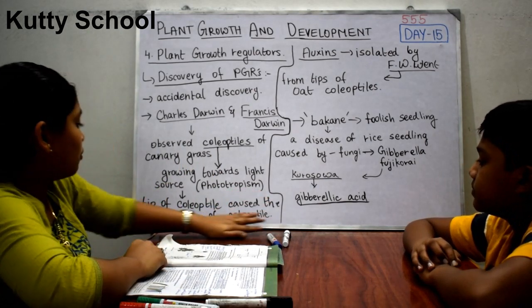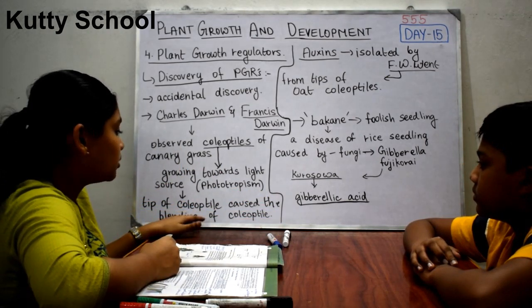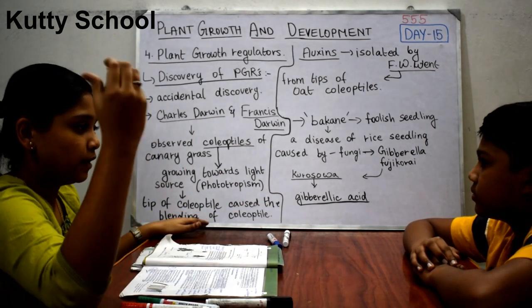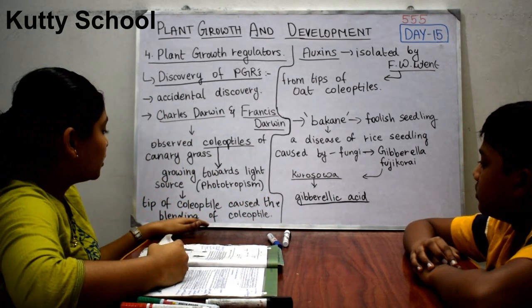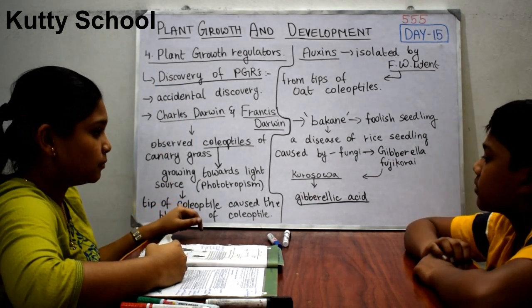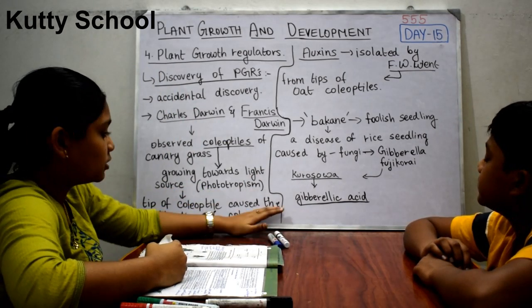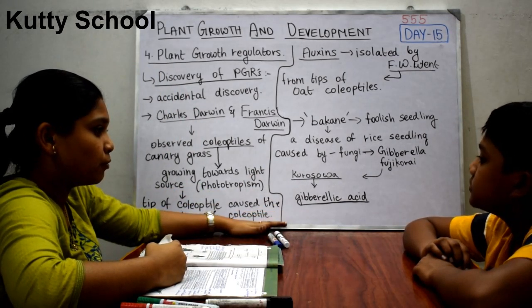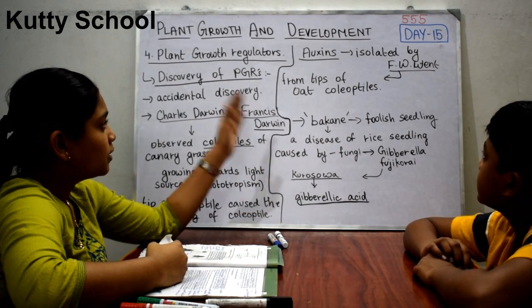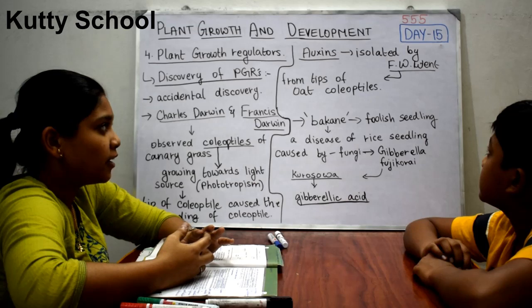They found that only the tip of the coleoptile caused the bending of the coleoptile. So the tip of the coleoptile was the main reason for this phototropism. Here they just found this, but they did not identify the hormone. Later auxins were isolated by F.W. Went.